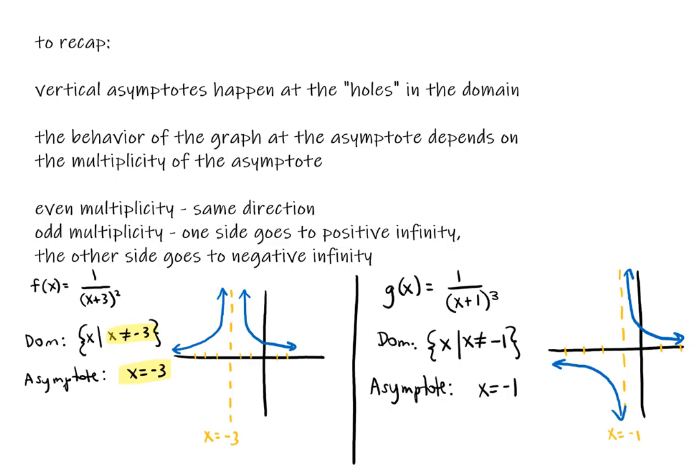Now looking at the other one, the domain is x is not equal to negative 1, so therefore the asymptote is at x equals negative 1. The multiplicity is 3, so then we know the behavior: one side goes up to positive infinity, the other side goes down to negative infinity.